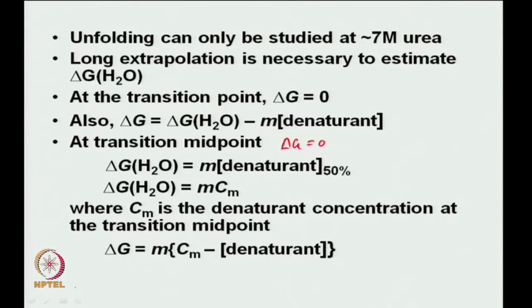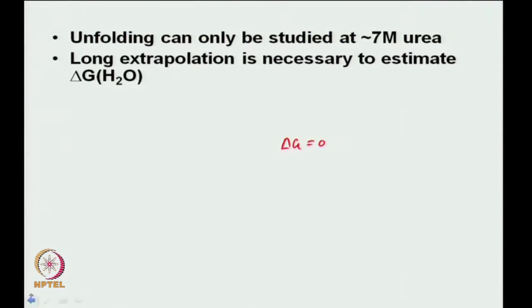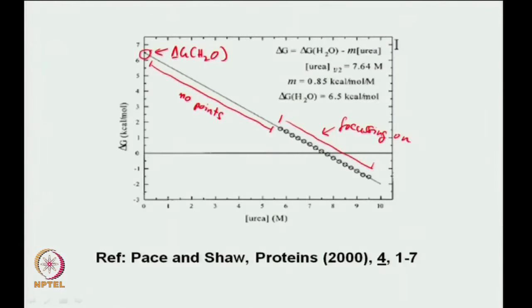So, I can further write then that because we have just proved that delta G H2O is equal to m times Cm, I can rewrite this equation by replacing delta G H2O by m Cm, and hence this is what I have. Okay. I will just go back and mark the corresponding thing. So, this is your Cm, is it not?